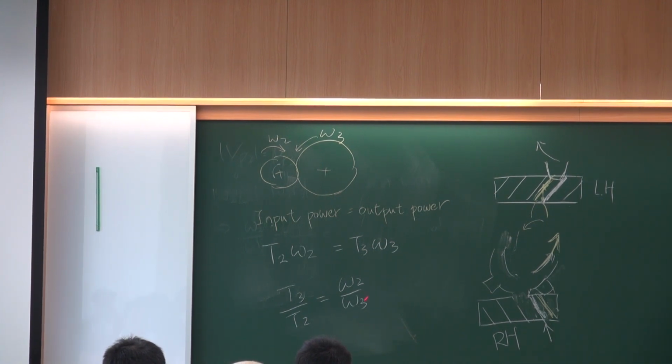So usually when we use a gear train, the main purpose is usually not to increase or decrease the speed. More often we use it to change the torque.